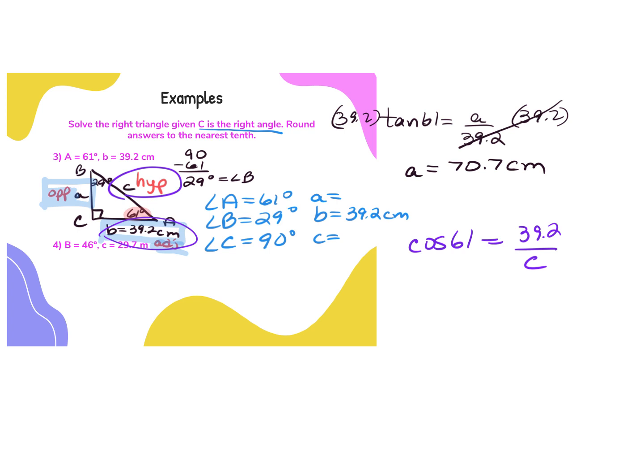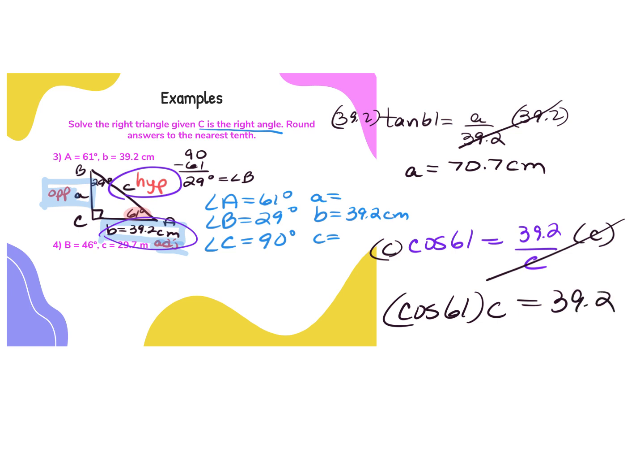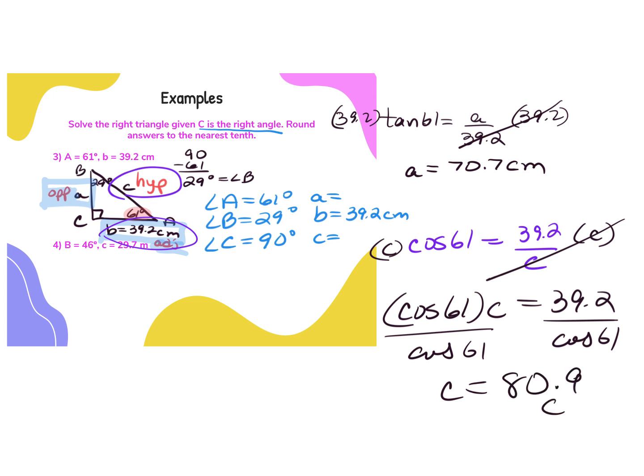So what we're going to do is multiply both sides by c to get rid of the fraction. So now I have cosine of 61 times c equals 39.2. Divide both sides by cosine 61. And little c rounded to the tenths place, 80.9 centimeters.